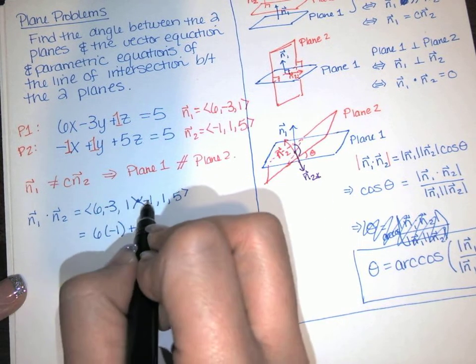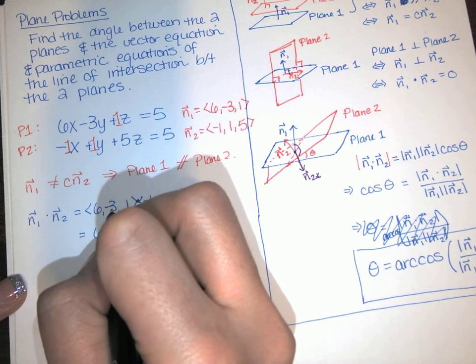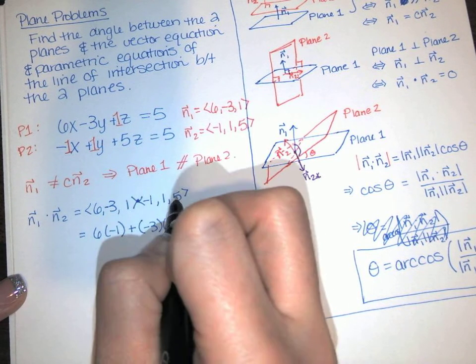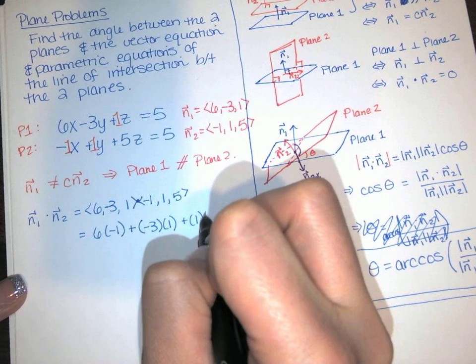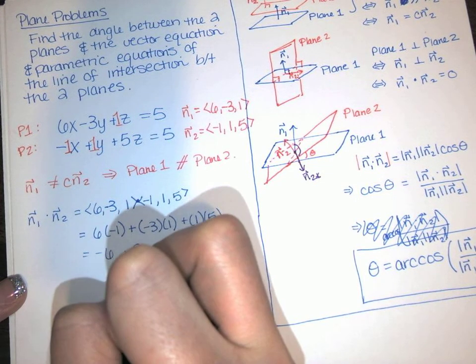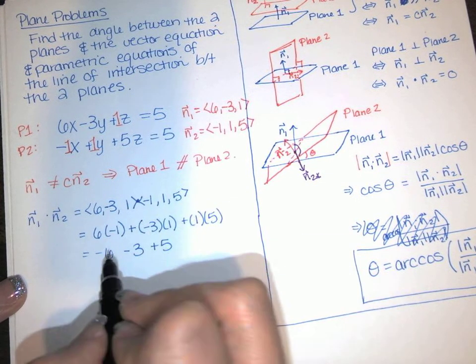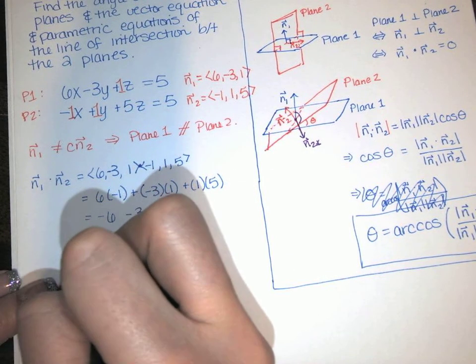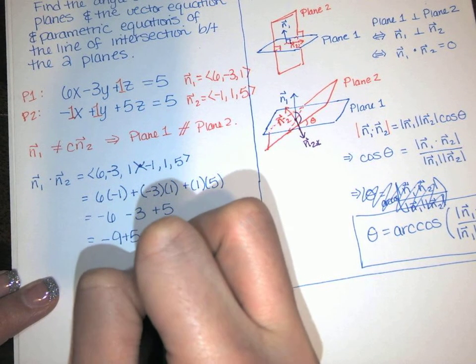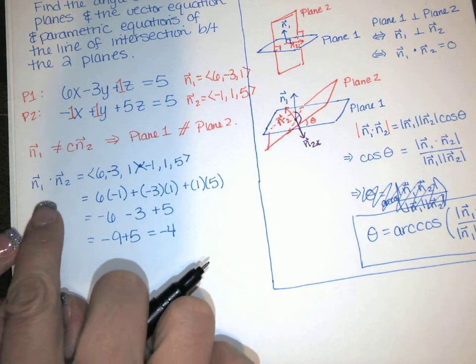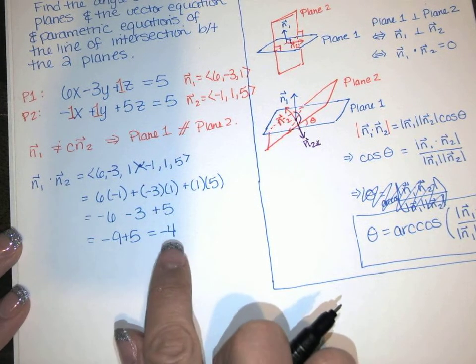So we do 6 times -1 and add -3 times 1 and add 1 times 5. So we have -6 minus 3 plus 5, so that's -9 plus 5, or -4. So the angle between n1 and n2 is obtuse because this is negative.